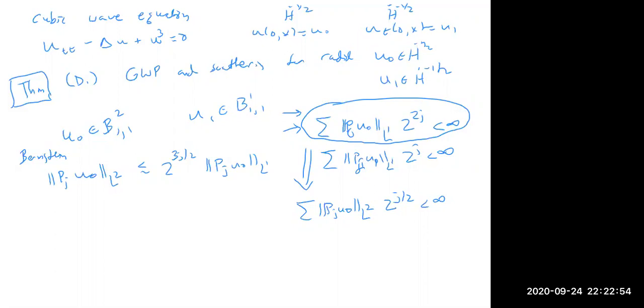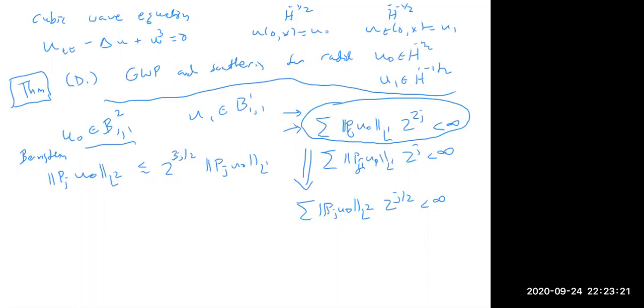Now, it's radial. So why is that a help, or why was that a help? Before, we ultimately got what we wanted for radial data, right? Not for non-radial. That's still open. Well, what happens is you've got this dispersive estimate.